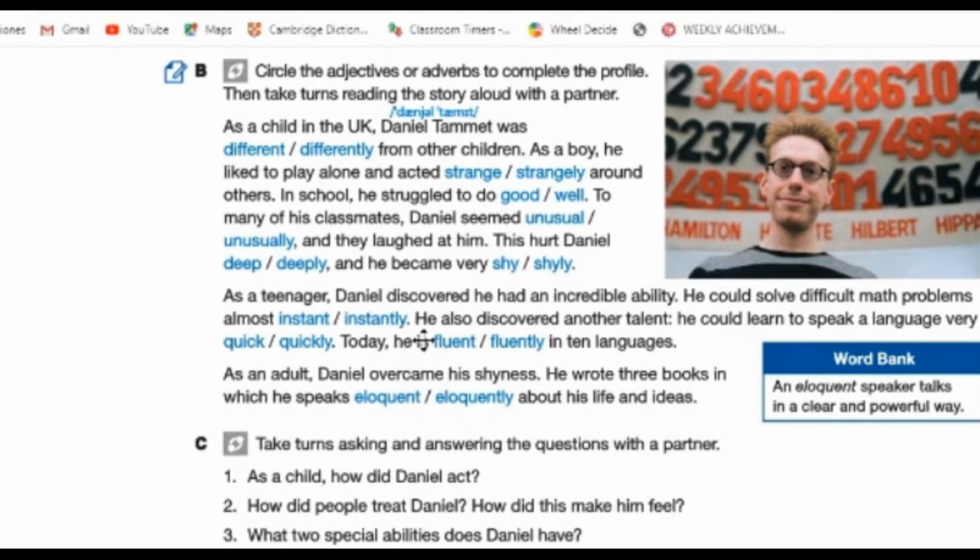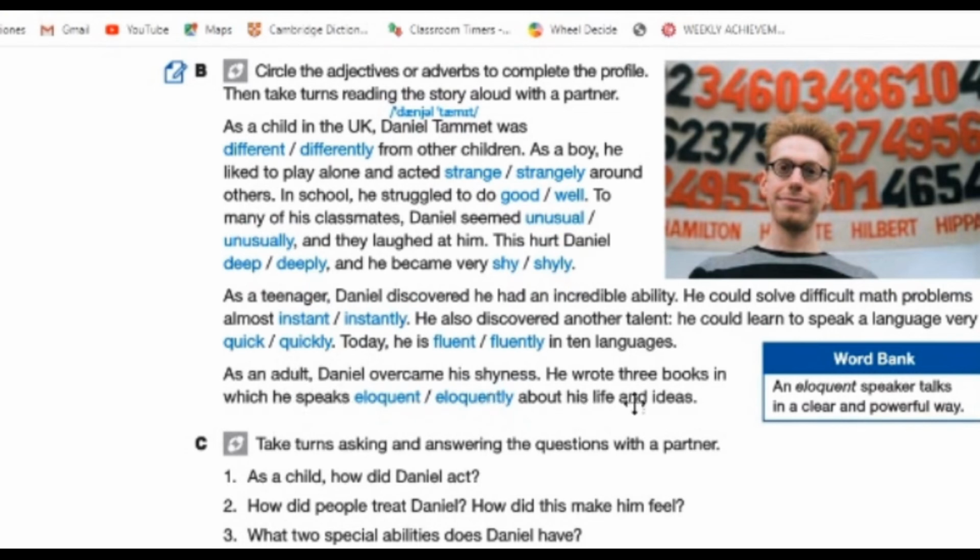And today he is fluent or fluently in 3 languages? He is fluent. Yeah, exactly. Fluent because you have verb to be. Verb to be is a stative verb. As a model, Daniel overcame his shyness. He wrote 3 books in which he speaks eloquent or eloquently? Eloquently.